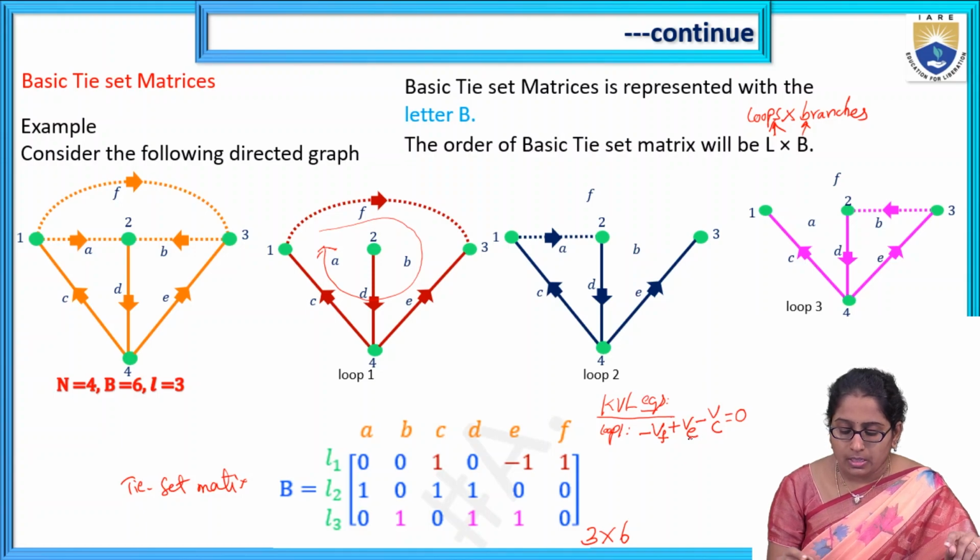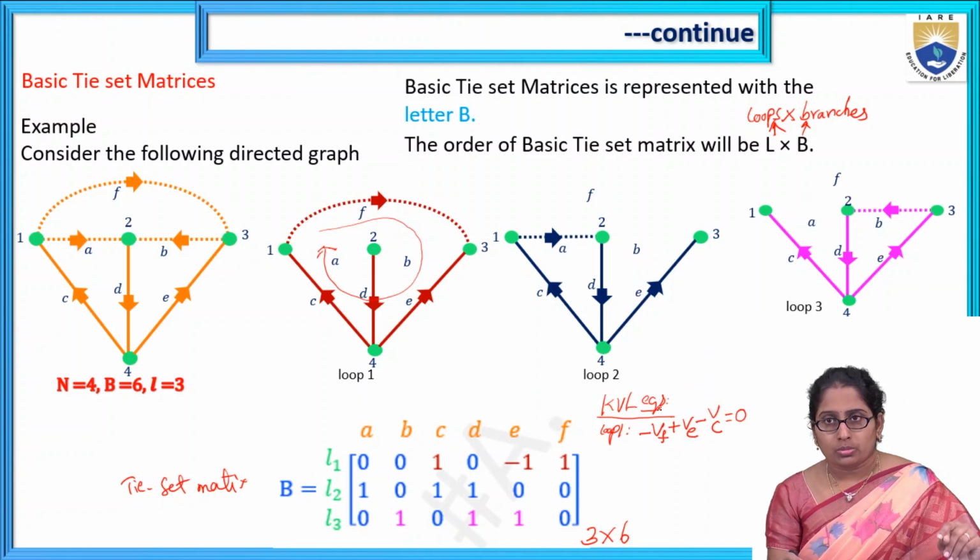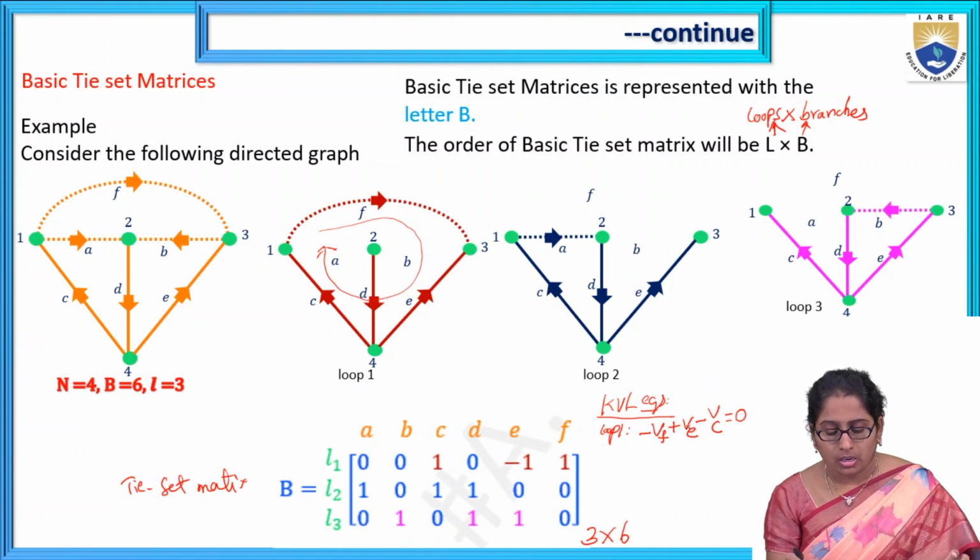Now putting that in the matrix. This is the first equation, for loop 1. What are the elements? Minus VF plus VE minus VC. Now the coefficients. You can see the first branch is VC, next VE, then VF.